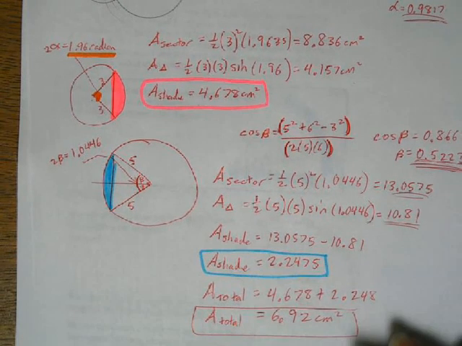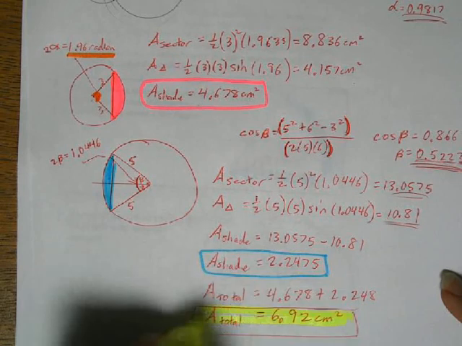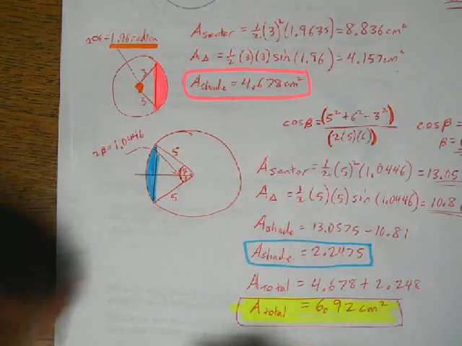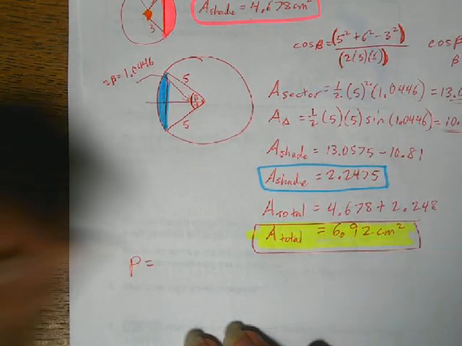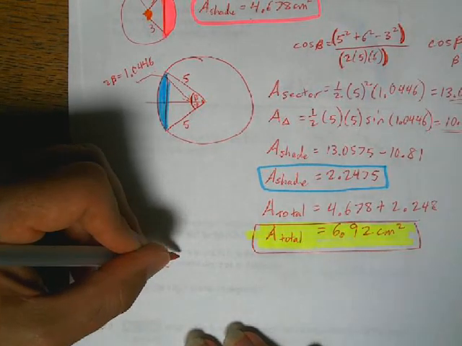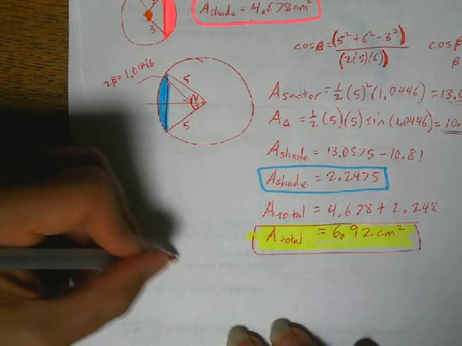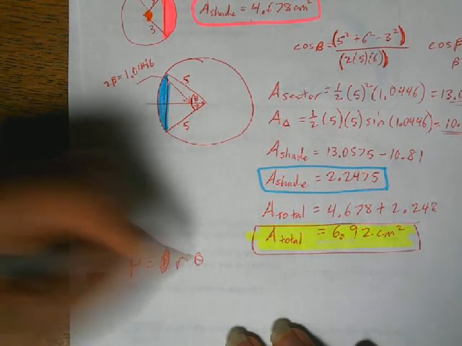Okay, now let's do the perimeter. Now that we've got our angles, we can do this fairly easily, because the arc length is equal to the radius times the angle, right?